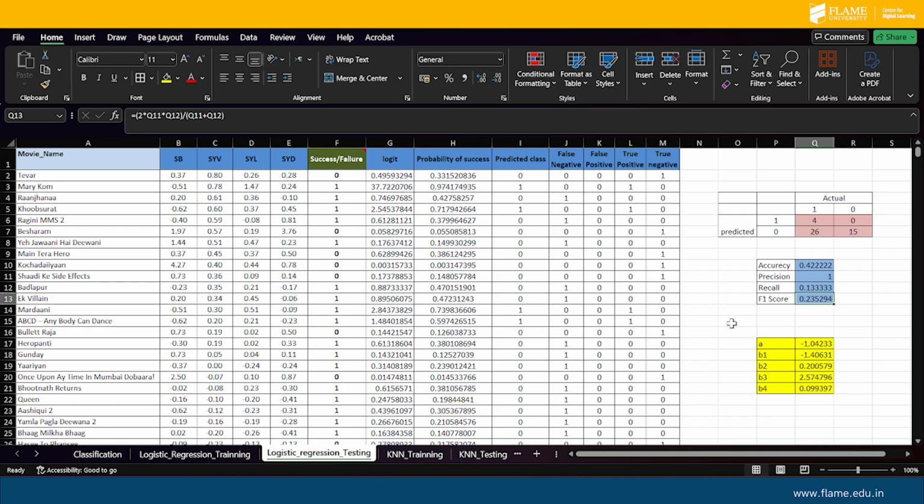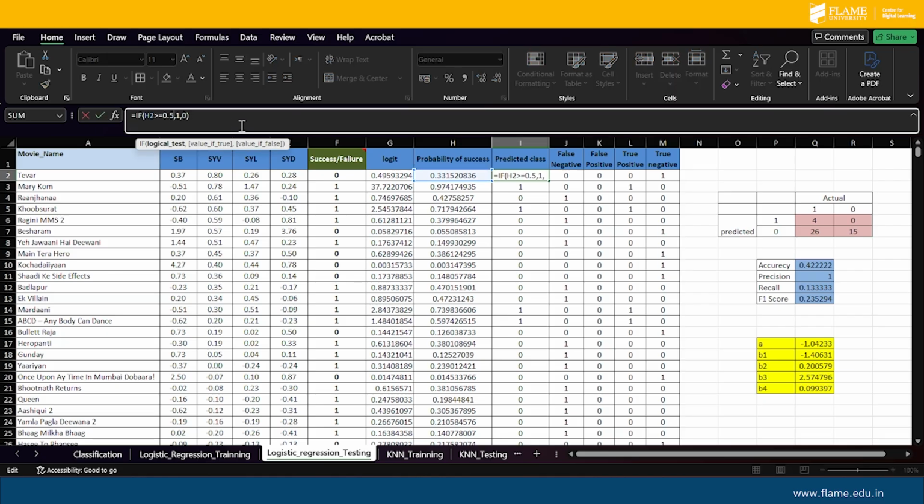We have implemented logistic regression here to predict the success of the movies which we considered in the testing data set. One important point I should mention: you can improve this model by tuning the threshold value. Here we considered 0.5, but it may happen that 0.4, a 40% probability threshold, provides a better result.